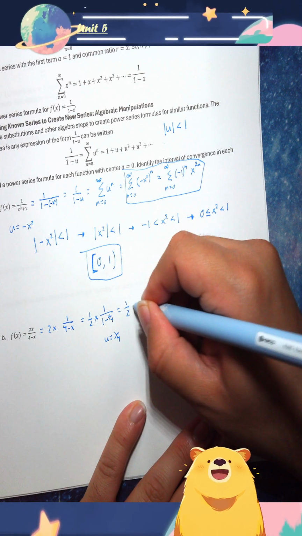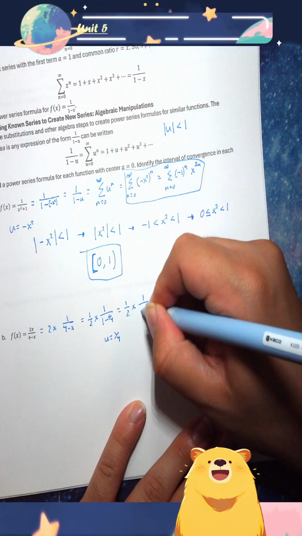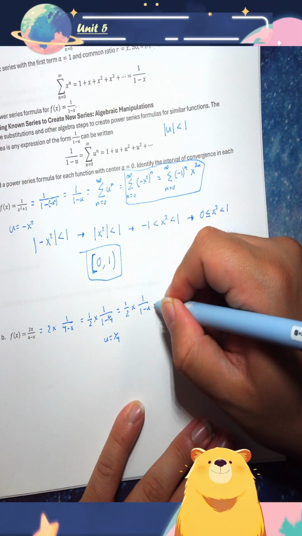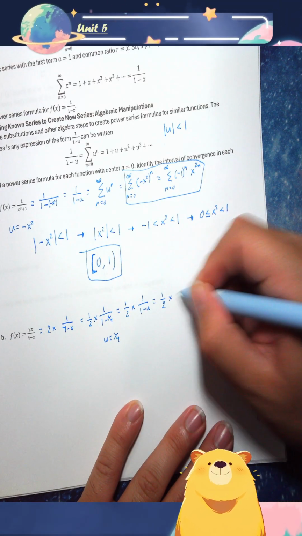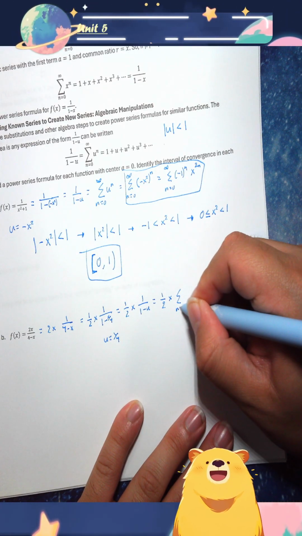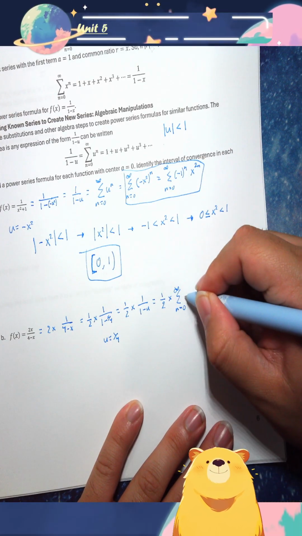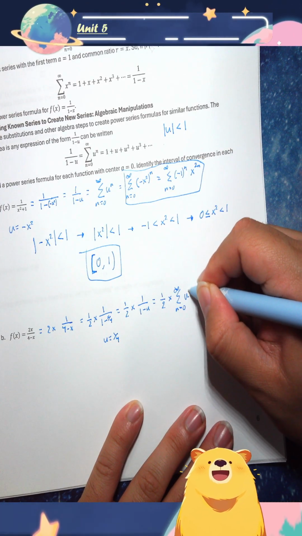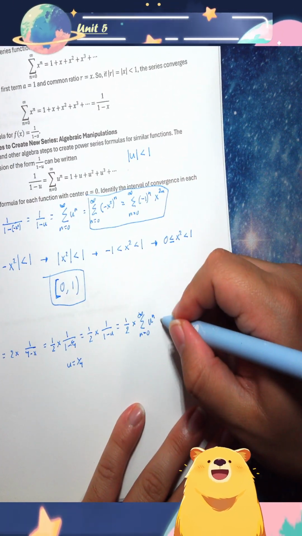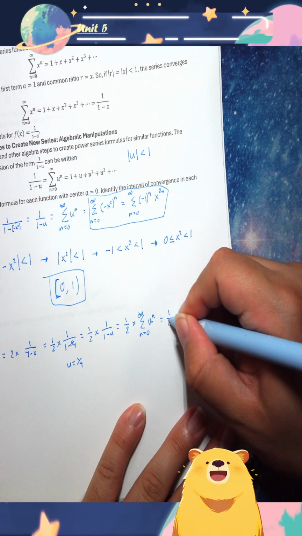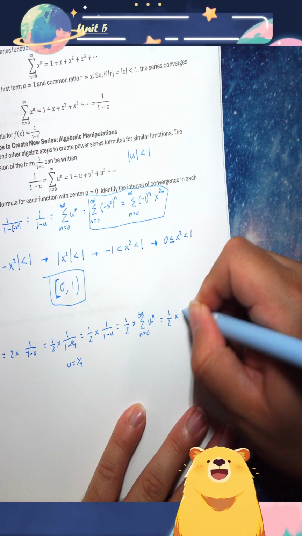So 1/2 x, 1 over 1 minus u, which we can rewrite this portion and only that portion to be the summation n goes from 0 to infinity of u to the power of n. Then we plug that u back in, 1/2 x summation.